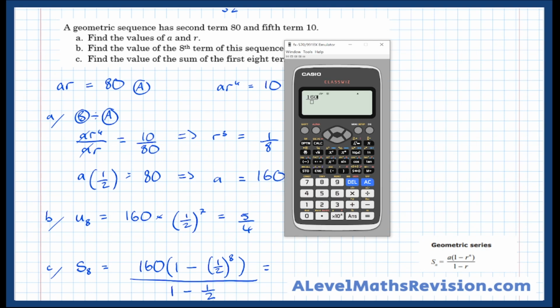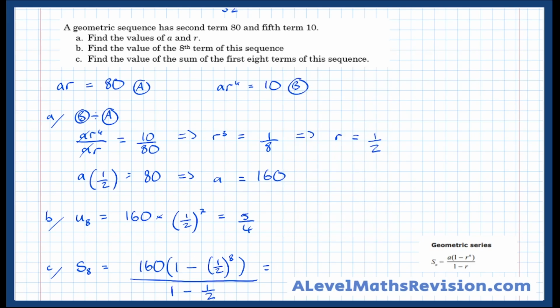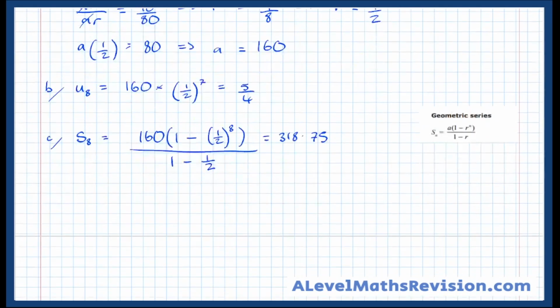So 160, 1 minus 1/2 to the power of n over 1 minus 1/2, which is equal to 1275 over 4, or 318.75. I think I prefer the decimal in this case, 318.75. And that's that. That's how to use the formula for the sum of the first n terms of a geometric sequence. So let's do another example.